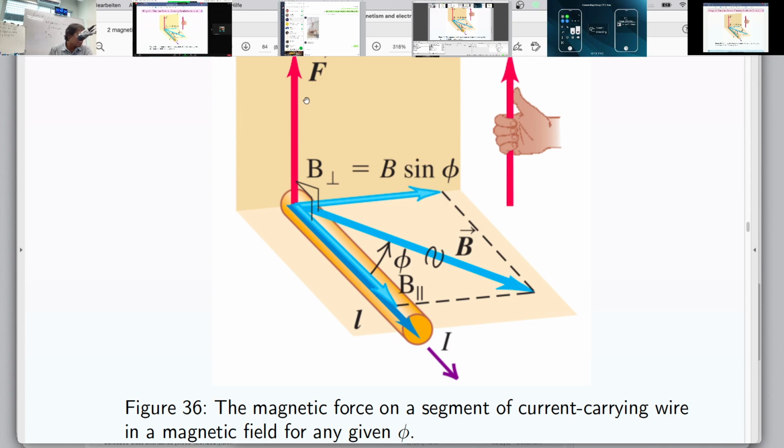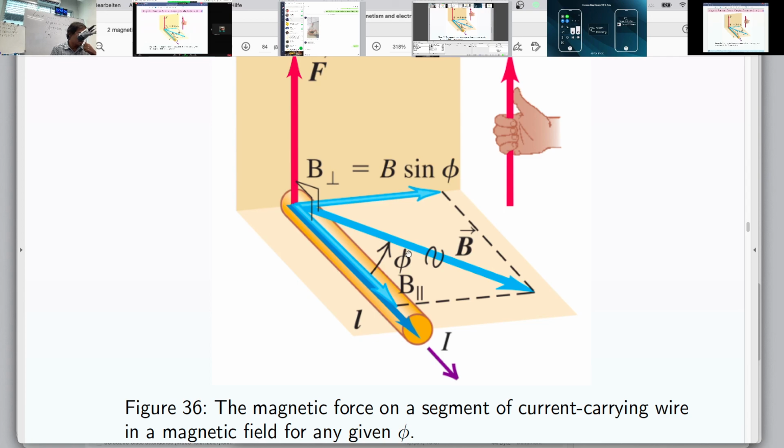You just use the right hand in order to find the outcome vector F, the red vector. You start from the vector L, you rotate your 4 fingers from the first vector L to vector B, and you will find again that the output vector is going to be the thumb direction, as you have seen here.